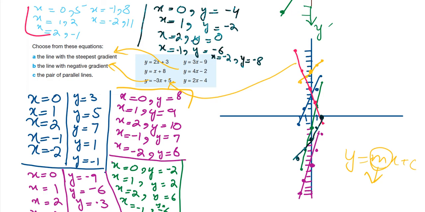Okay, so the last part is the parallel lines. I don't see any parallel line with this green line. I haven't seen any parallel line with this, not with the pink one, not with the purple one as well. But I think they are similar to each other or parallel to each other to some extent.